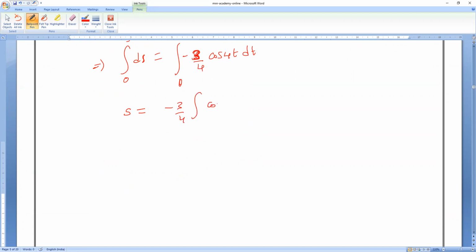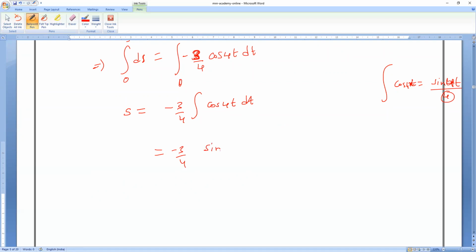So integration of cos 4t dt. Everybody, integration of cos x, how much? Sin x. So sin 4t divided by the differentiation of 4t, how much? 4. So minus 3 by 4, here what will come?